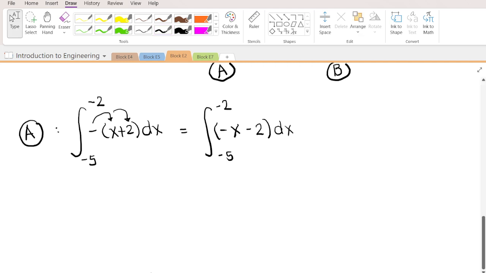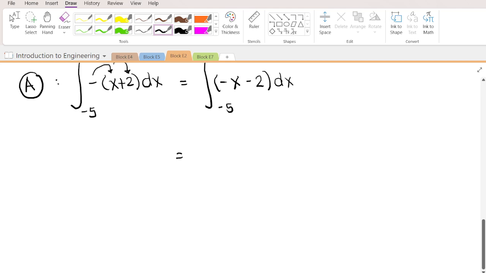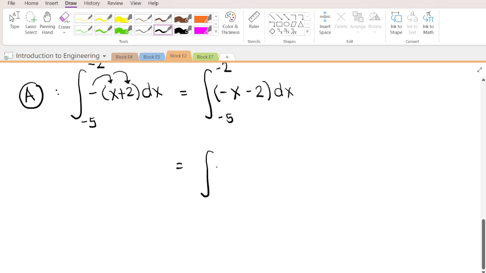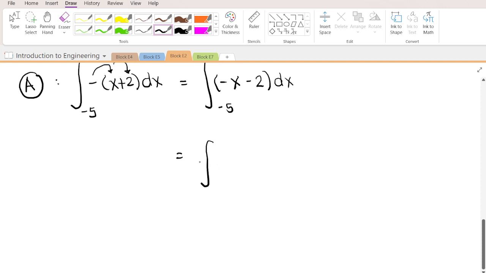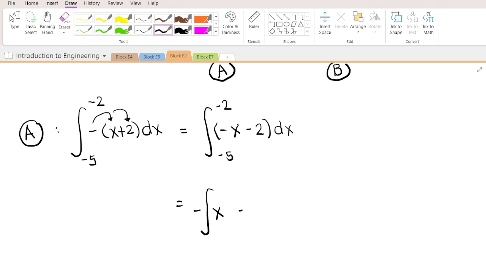So what we will do after is to integrate it term by term. So we have integral of negative integral of x. So I just place the negative outside. Integral of 2 dx.